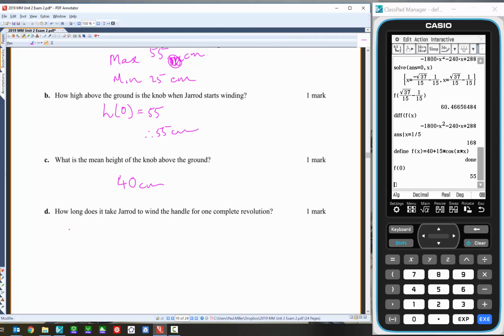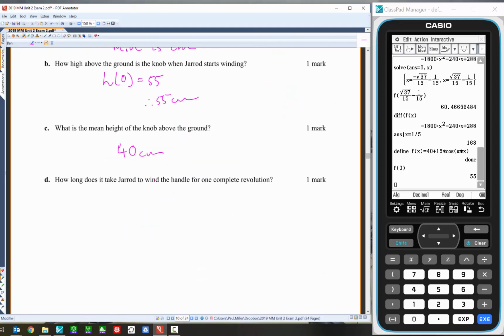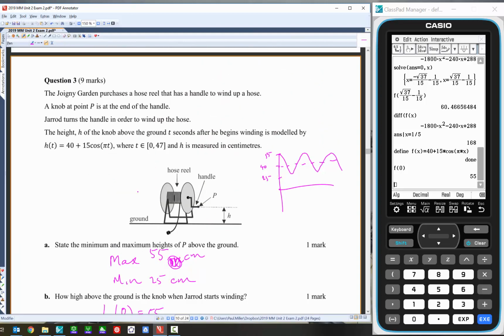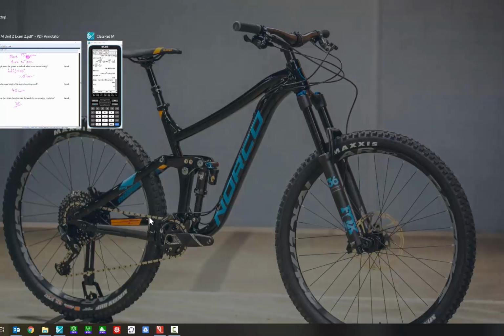How long does it take Jared to wind the handle for one complete revolution? One revolution is the period. For a standard cosine function, the period is 2 pi, so let's divide it by pi.